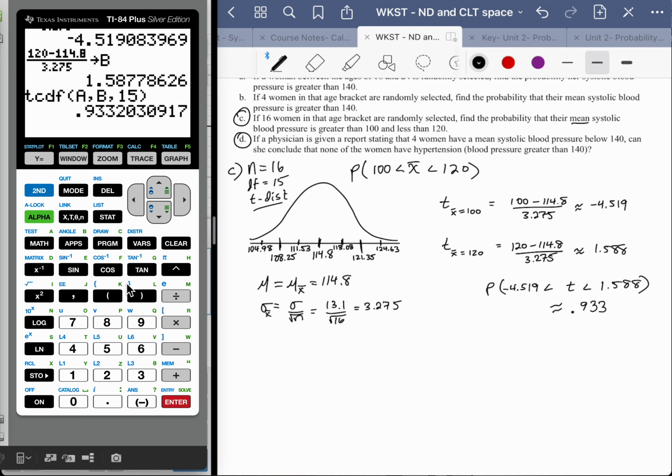All right? But in this case, can we conclude that all 4 women have a blood pressure greater than 140? Well, no, because that's really not how averages work. Let's say, keep it simple, you take 4 tests in a class and you want an average of a 90.